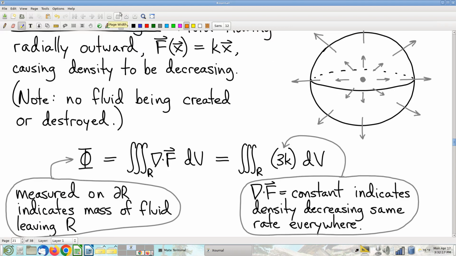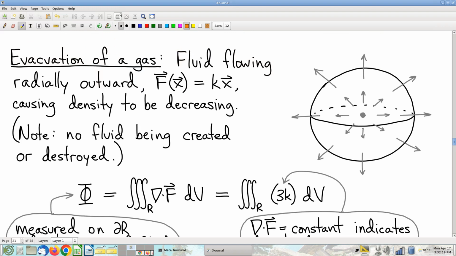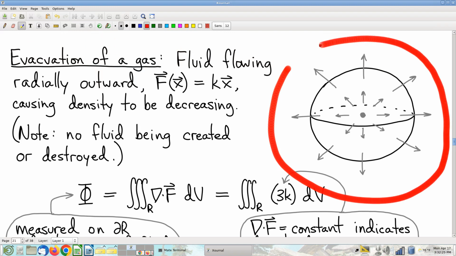We're going to think about, let's say, a gas, and let's imagine that there is a balloon. I'm going to draw a large balloon here, and there's a constant density of gas inside of that balloon, and then imagine that the balloon starts to expand. Right? As the balloon gets bigger, well, some of the gas is going to have to go out with the balloon, right?